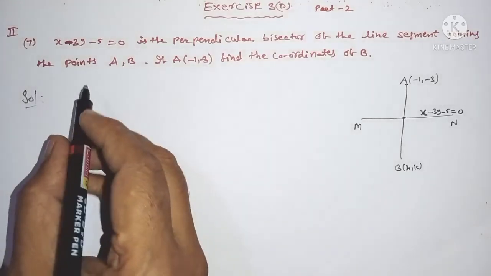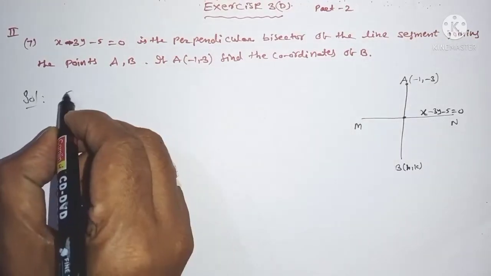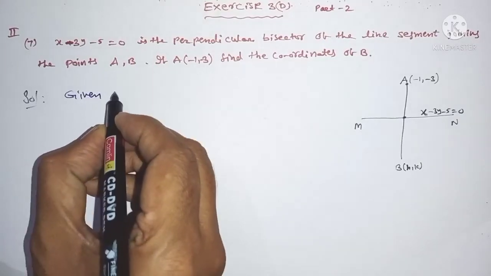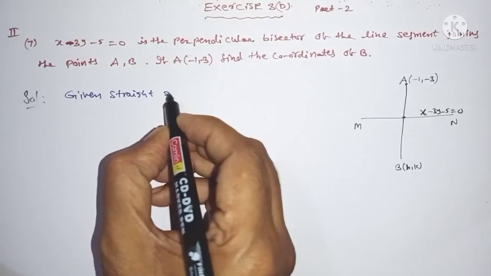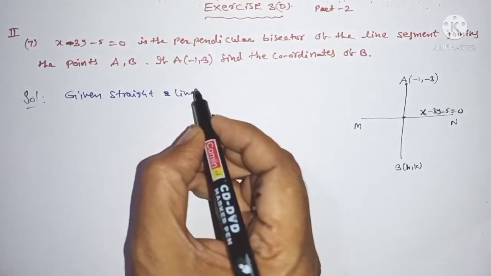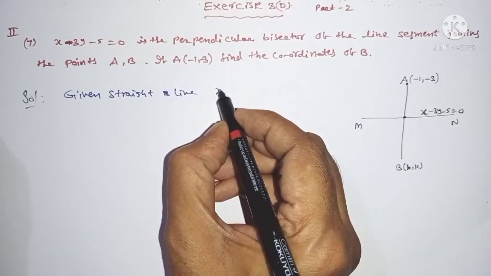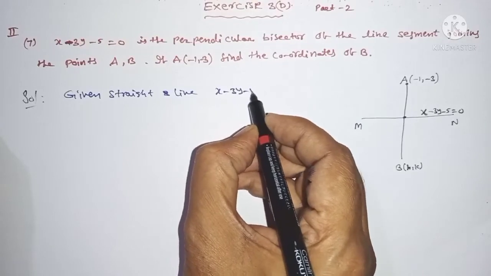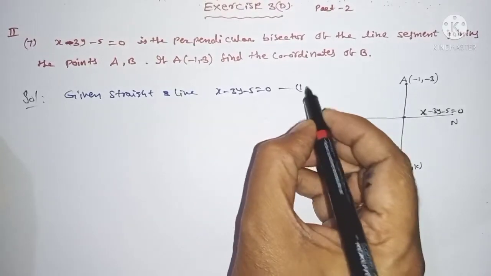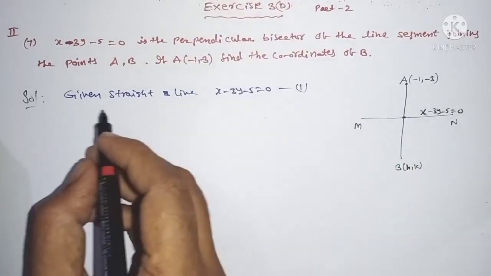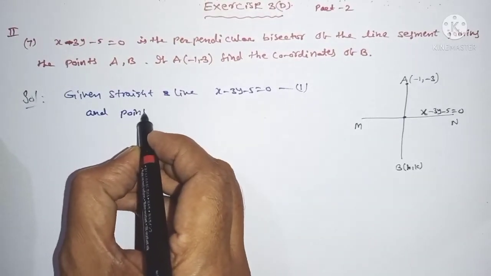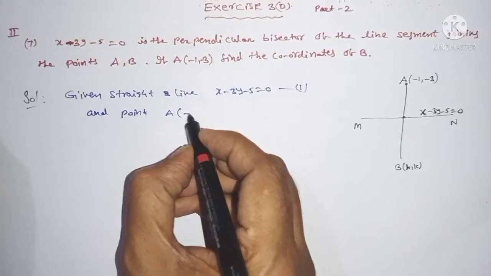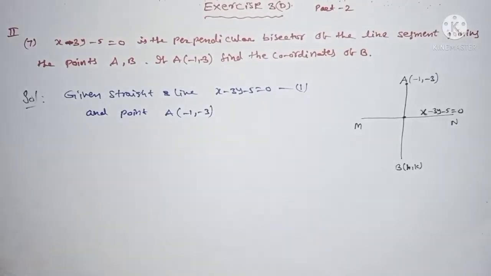First, write your solution. The given straight line is x minus 3y minus 5 is equal to 0, called equation number 1. And one point is given, that is A (minus 1, minus 3).